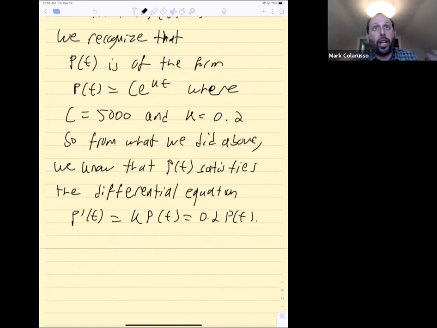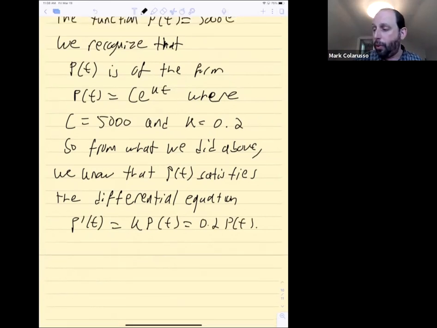That's it. So we have an exponential growth function with growth constant k equals 0.2, so it satisfies the differential equation that the derivative is the growth constant little k times p.